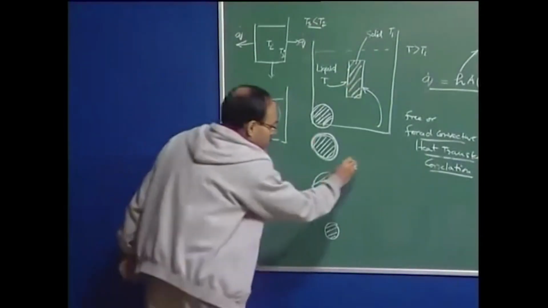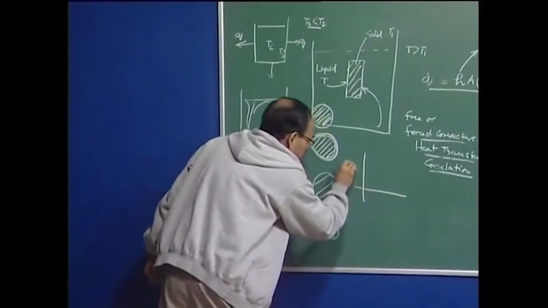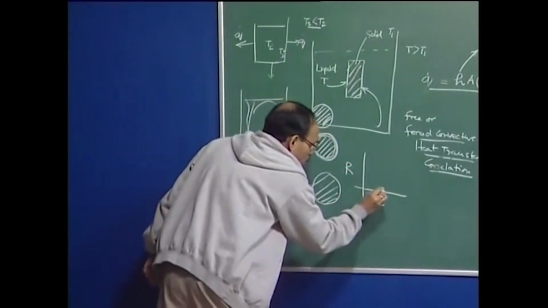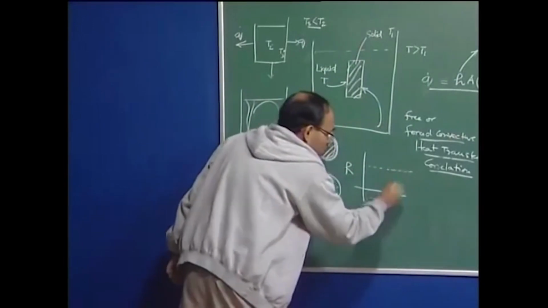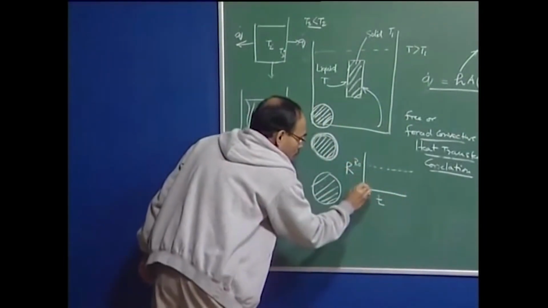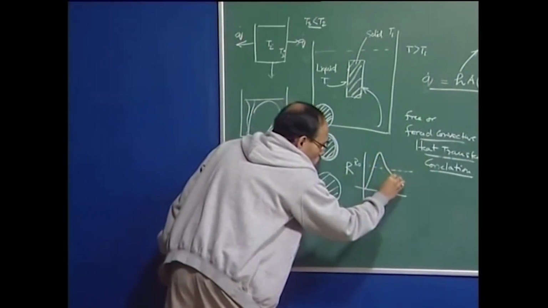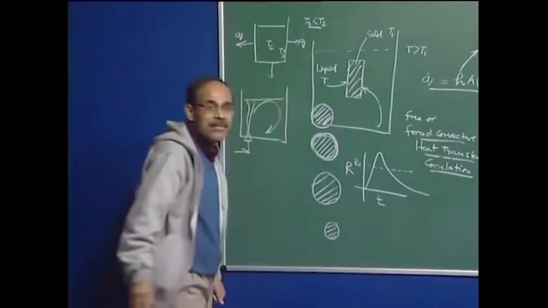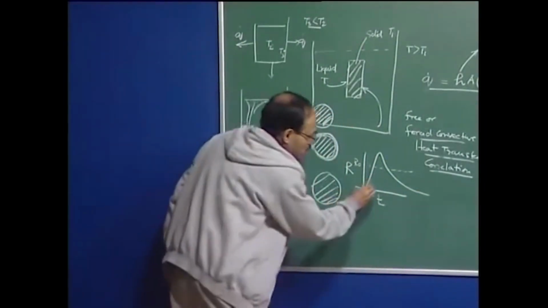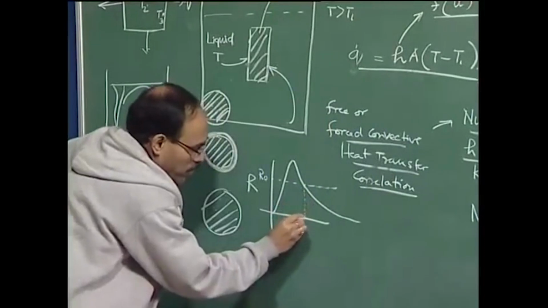So, the radius versus time curve in this case is going to be something like, if this is the original radius R0, for some time the radius increases, and then the radius decreases.